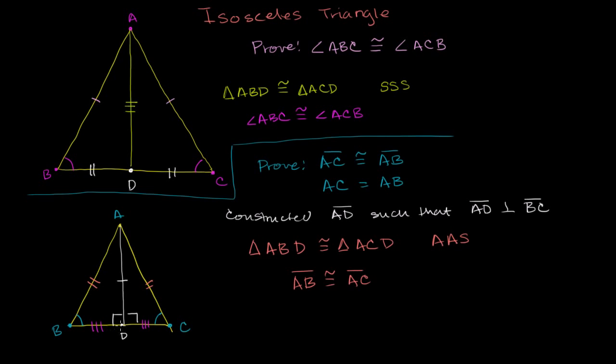So it actually turns out that for an isosceles triangle, point D is not only the midpoint, but AD is a perpendicular bisector of BC. So not only is AD perpendicular to BC, but it bisects it, that D is the midpoint of that entire base.